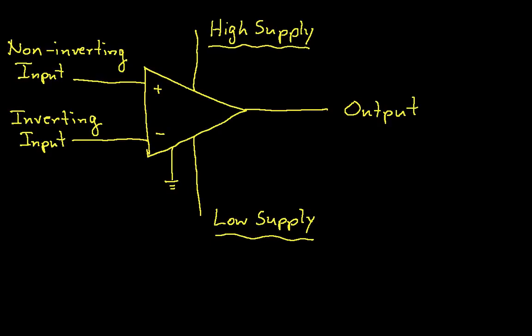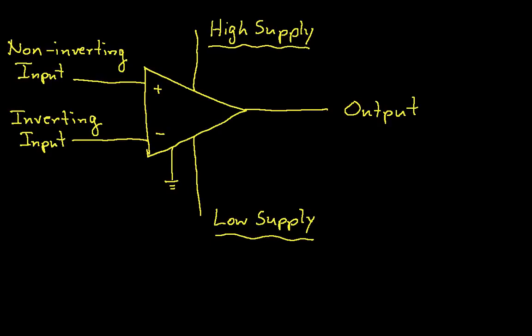The supply voltages we typically won't talk about when we're doing circuit analysis because they're the sorts of things that you can ignore unless you're in a situation where you can't. What I mean by that is you typically don't need to worry about the supply voltages unless your output is getting close to one of the supply voltages. Because of the way things work, your output will never go above the high supply or below the low supply.